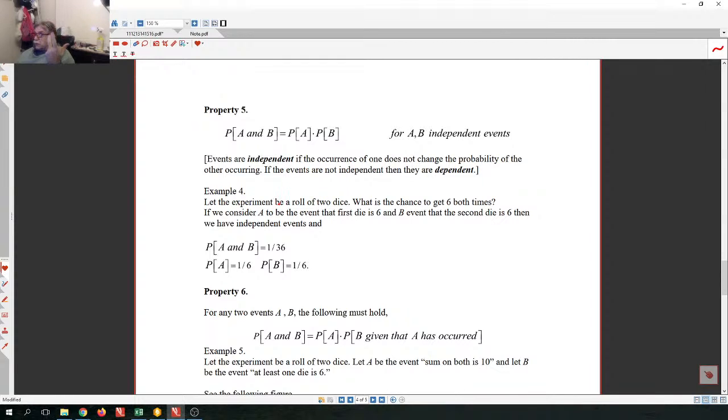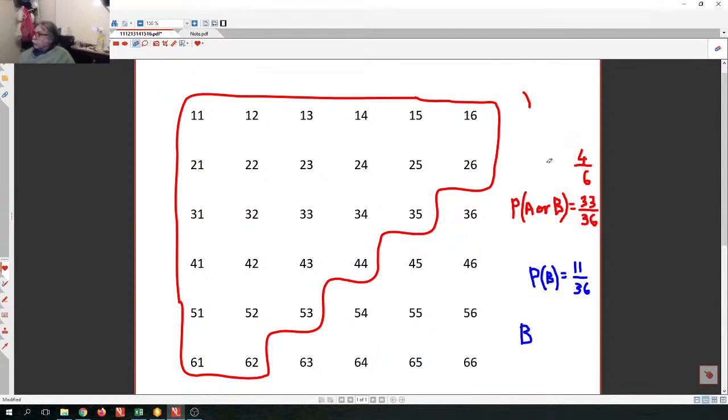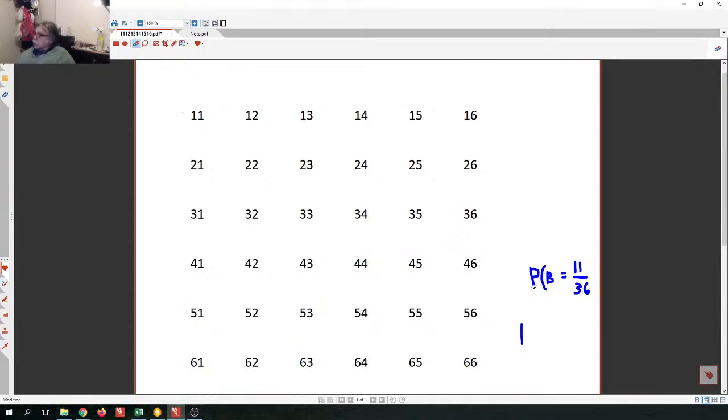So I have an example. Let's have the roll of 2 dice. Okay, so we have this story here, but different. I'm going to have different events now. Let the first event be 6 on the first roll. Okay, 6 on the first roll.